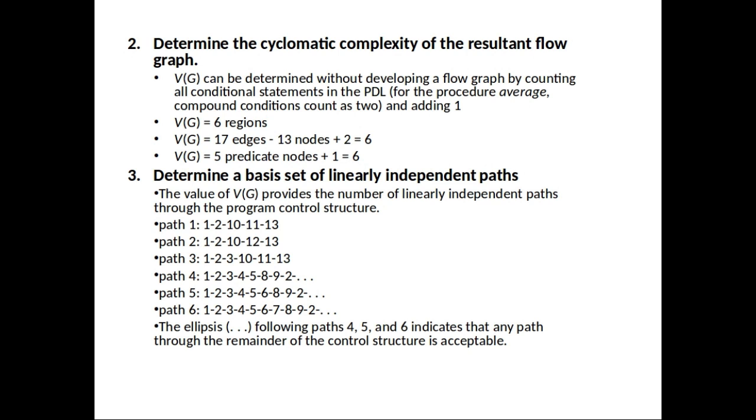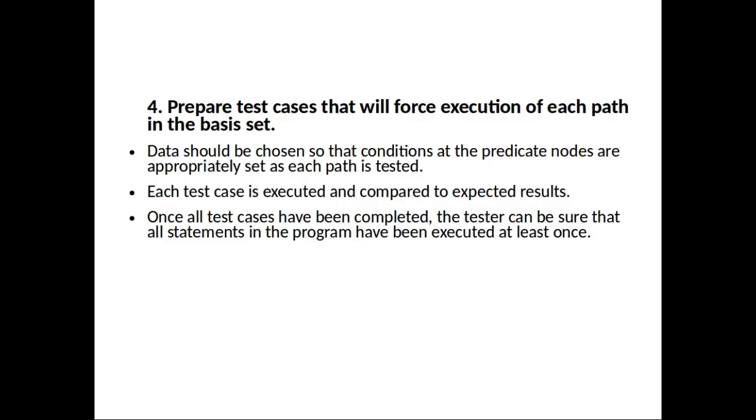It is often worthwhile to identify predicate nodes as an aid in the derivation of test cases. In this case, nodes 2, 3, 5, 6, and 10 are predicate nodes. The fourth step is preparing the test cases that will force execution of each path in the basis set.